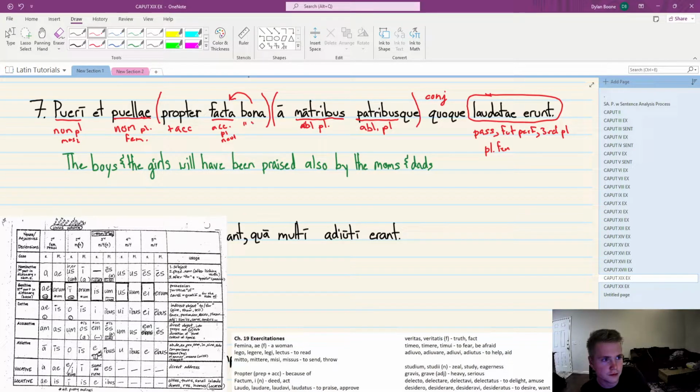Same deal with bona. So because of the good deeds, the good actions, the good deeds.